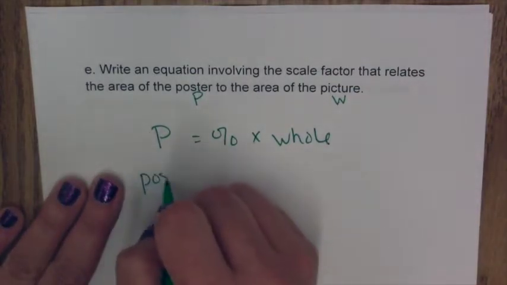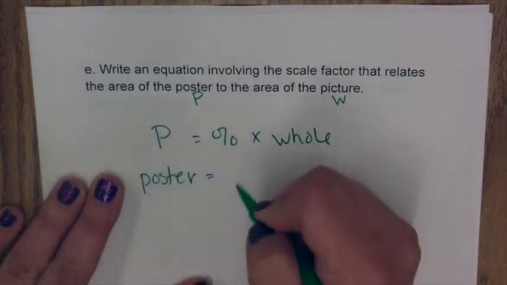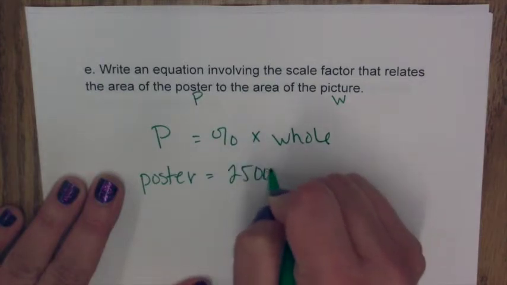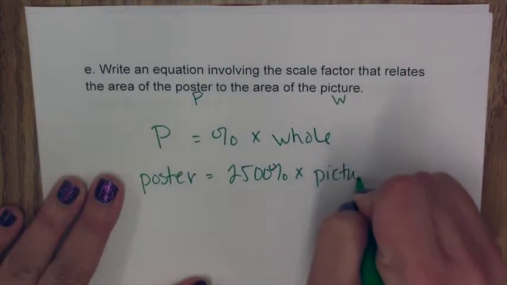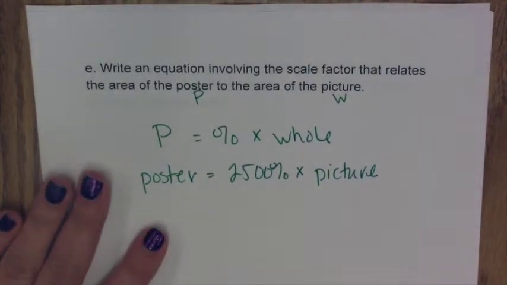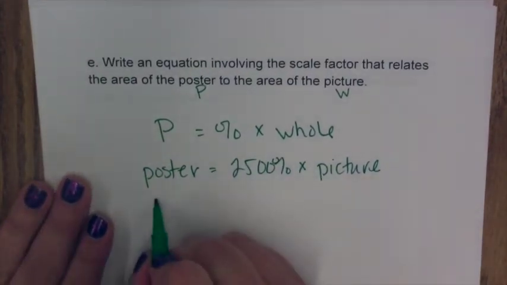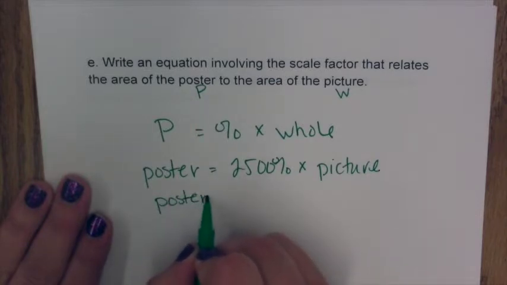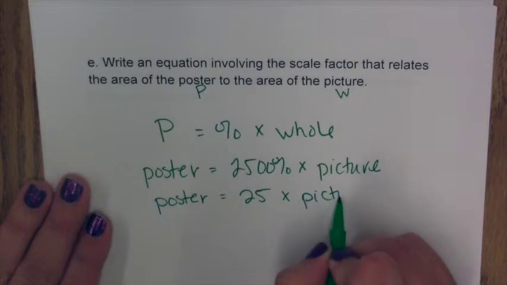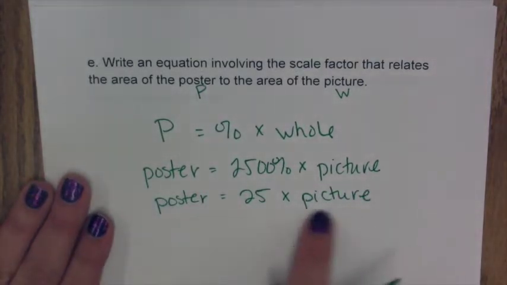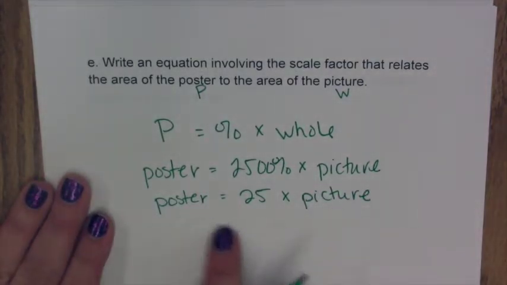So poster is equal to 2,500% times the picture. And if we wanted to change this so it wasn't as a percent but in its decimal form, it would be times 25.